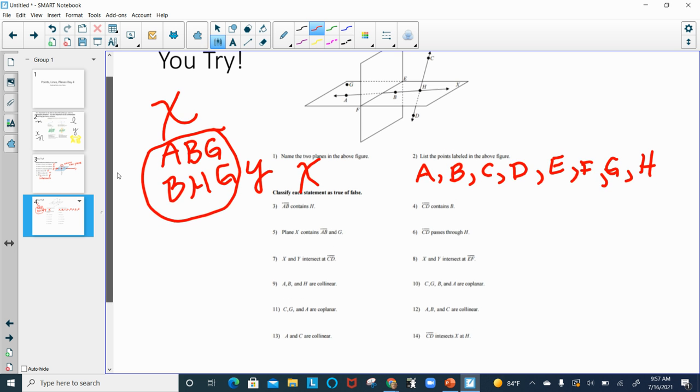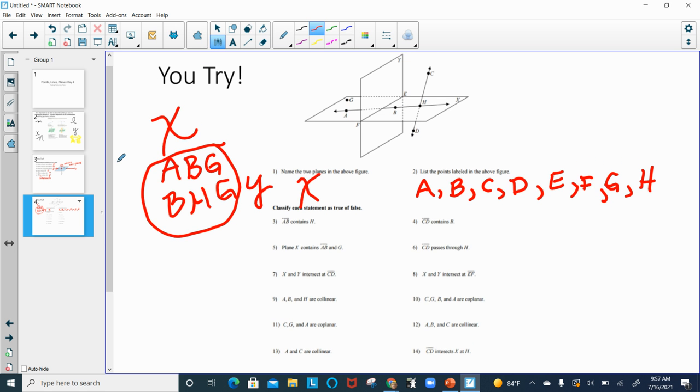Okay, so true or false? Line AB contains H. So let's look at line AB. Yes, it does. Number 4, CD, a line or a line segment, contains B. No, it does not.